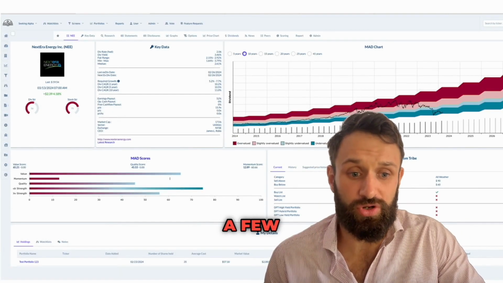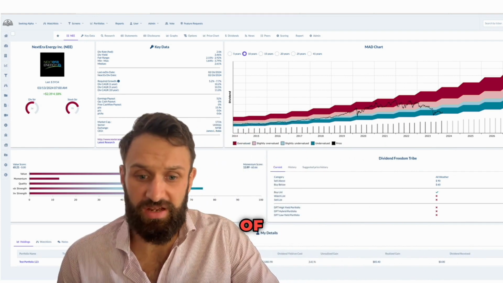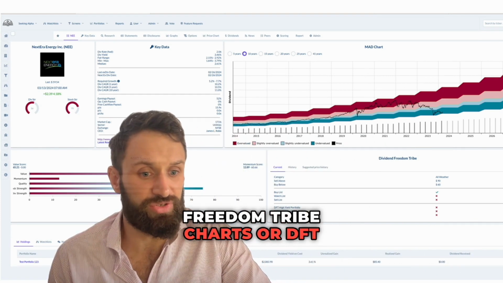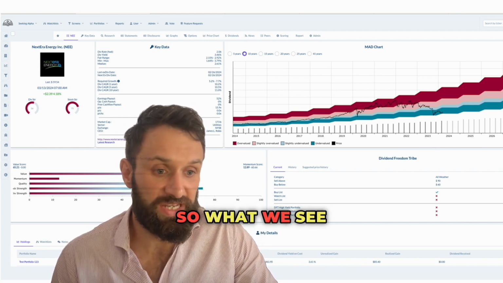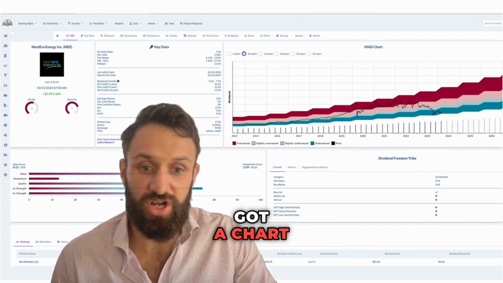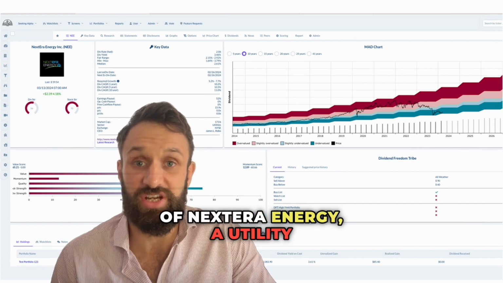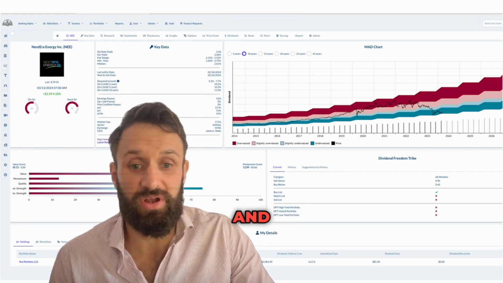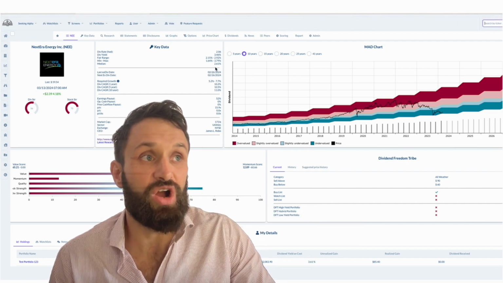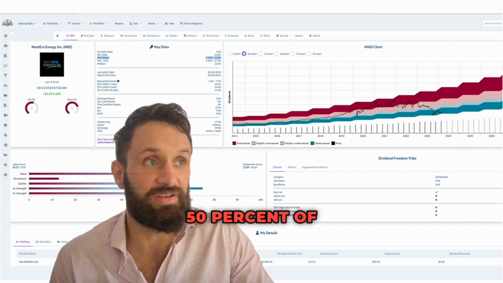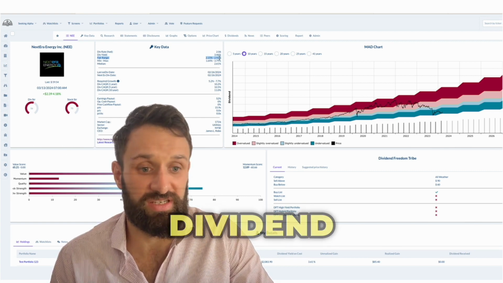Right, now let's look at a few cases of Dividend Freedom Tribe charts, or DFT charts, in real time. So what we see here is a chart of NextEra Energy, a utility stock. As we can read in this little description, over the past 10 years, it has traded the core 50% of the time between 2.15% and 2.92% dividend yields.